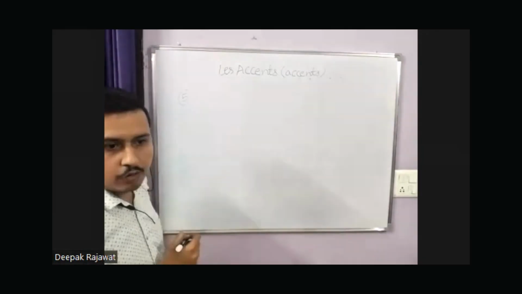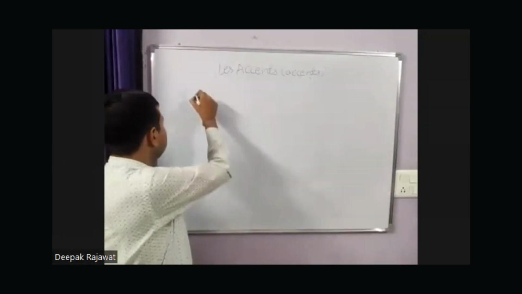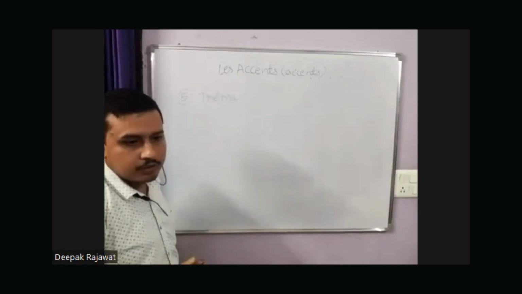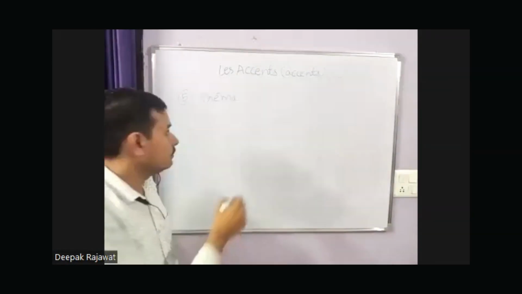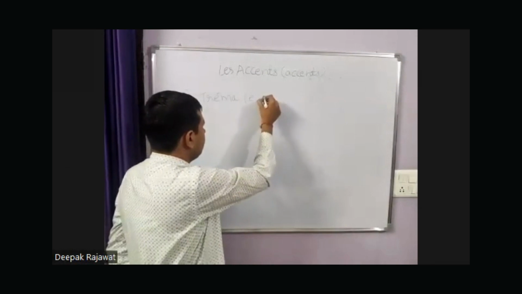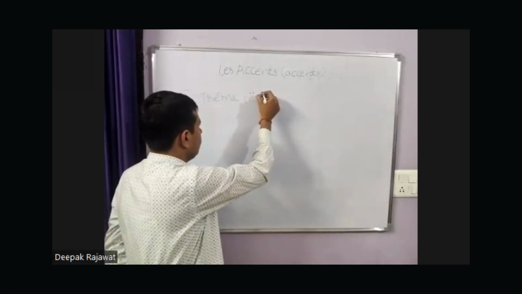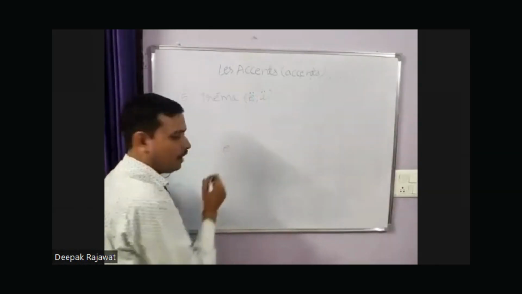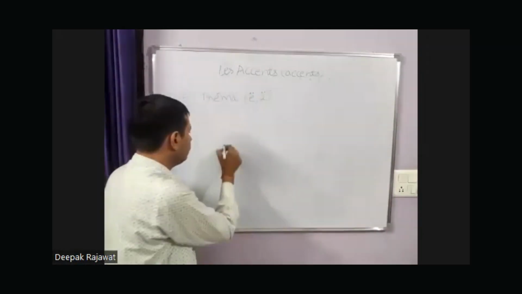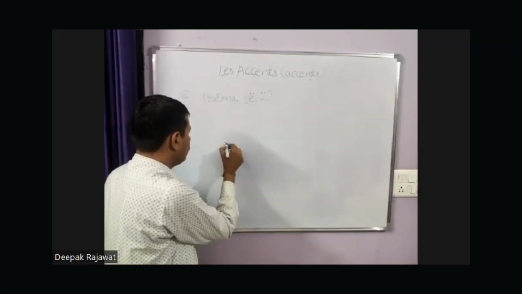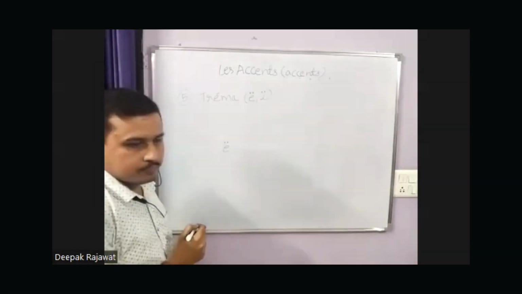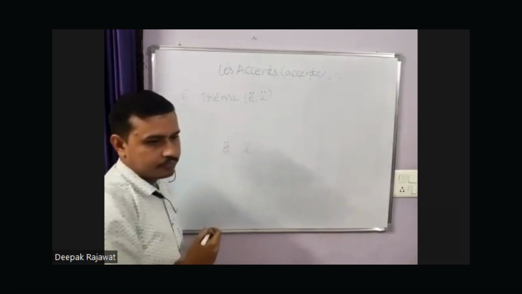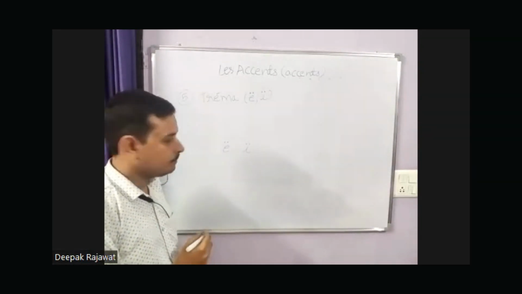So now we are going to take our last accent, tréma. This we put on two letters, E and I. You have to write letter E, then you have to draw two dots. Then it becomes tréma.